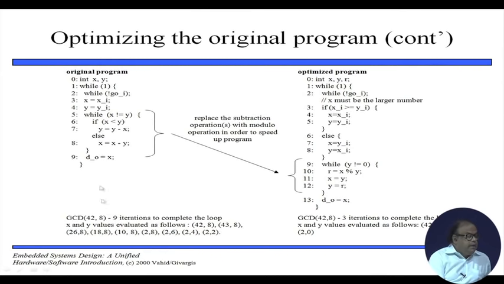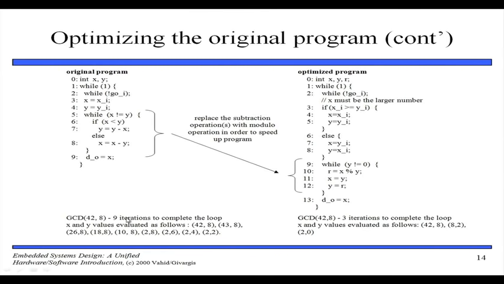If I take 42 and 8, if you work it out, it will take 9 iterations to complete the loop. 42 divided by 8 is not being done by division, it is being subtracted, 42 minus 8, right, 34, and in that way it goes on.